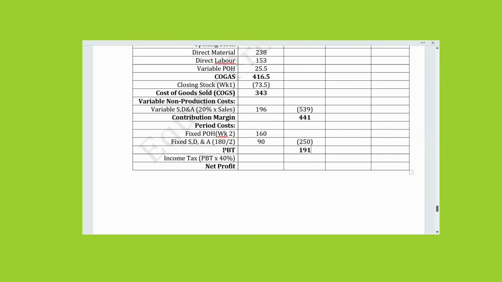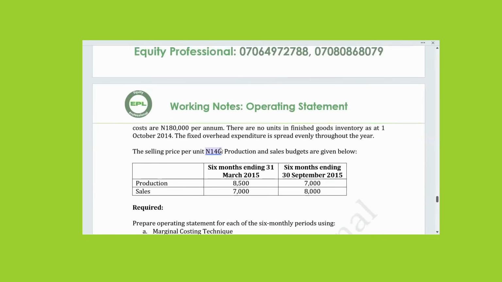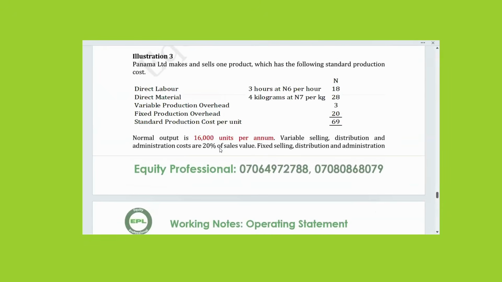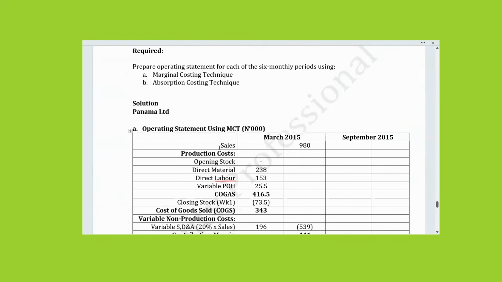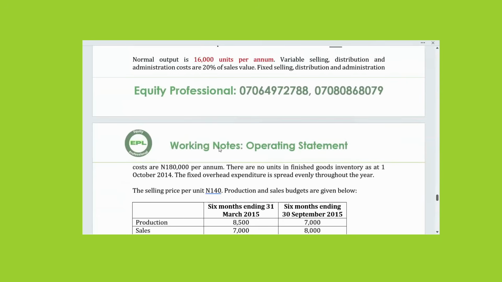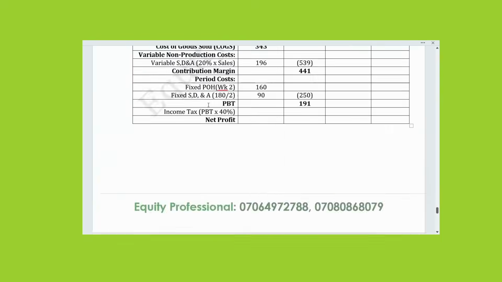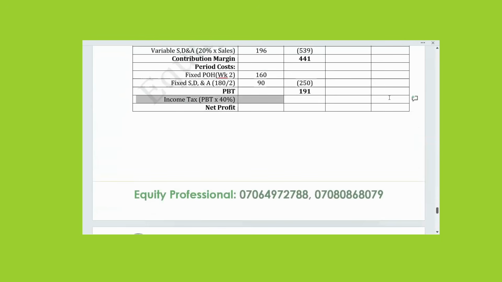191. So in the question, we don't have tax. We are not given tax rates. Therefore, there's no need for you to calculate for income tax. Let me check in case we have other costs. No other cost again. All right then. So let's delete this one. It's not needed.